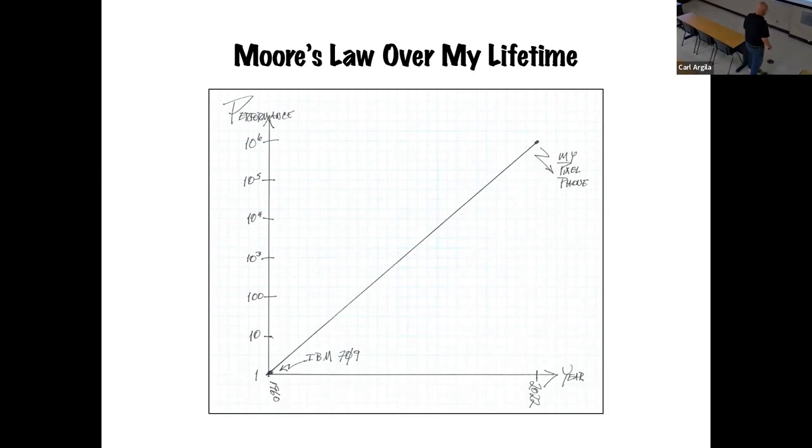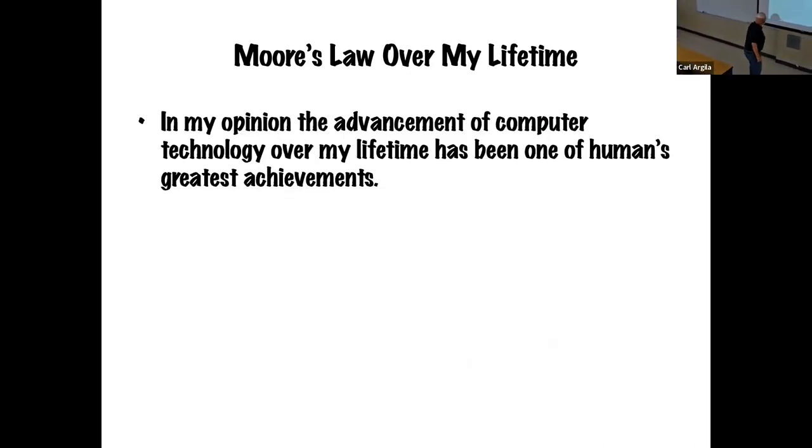That's mind-boggling. In my opinion, the advancement of computer technology over my lifetime has been one of humans' greatest achievements.